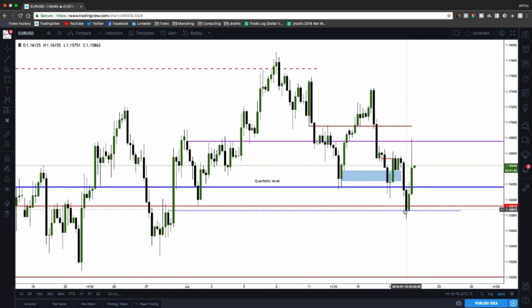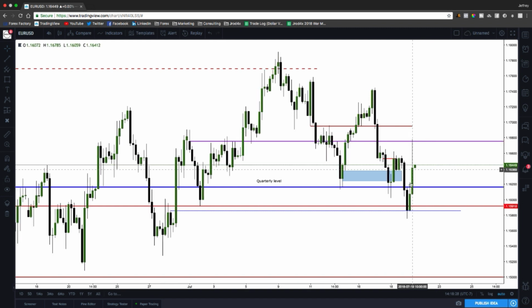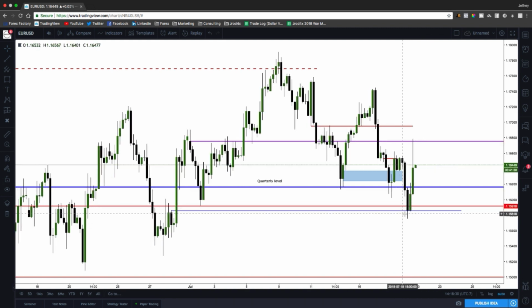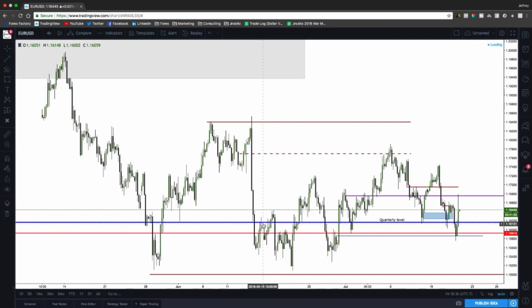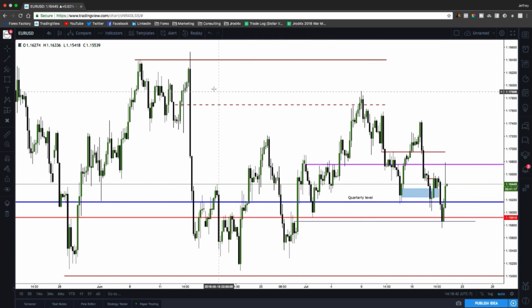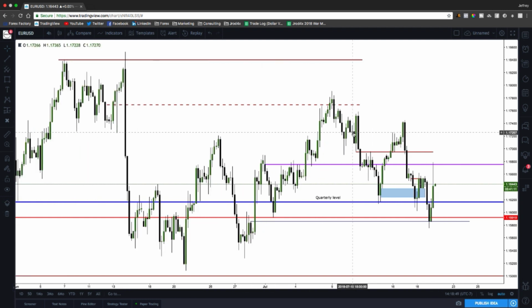But again, I don't want to just try picking the bottom and saying this is where euro is going to push higher for the next couple months. I don't know that for sure, but it is possible because we've cleared out a lot of liquidity. We've traded into this ICT bullish order block, and it seems like they may be wanting to hold this 1.15 big figure level. So we could start trading back up for these equal highs here at the 1840s to 1850s.